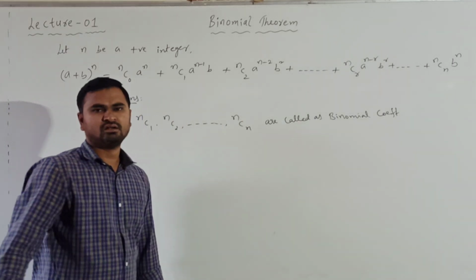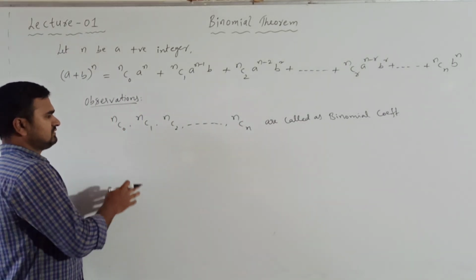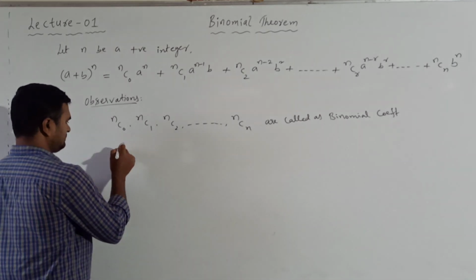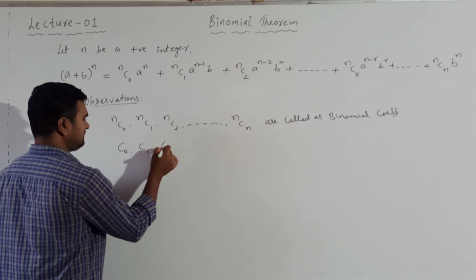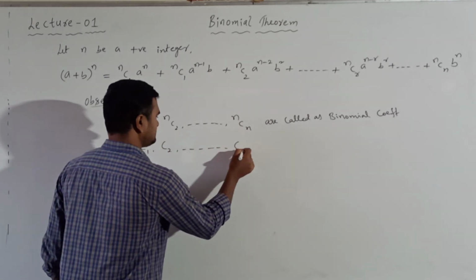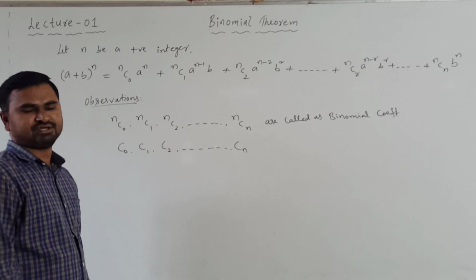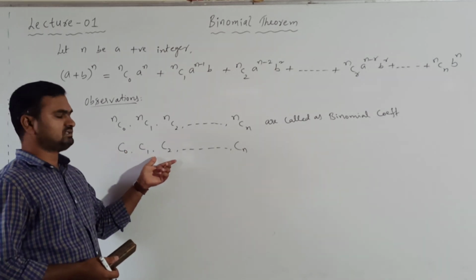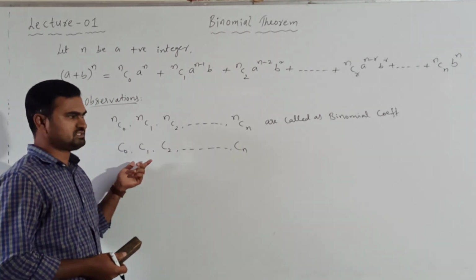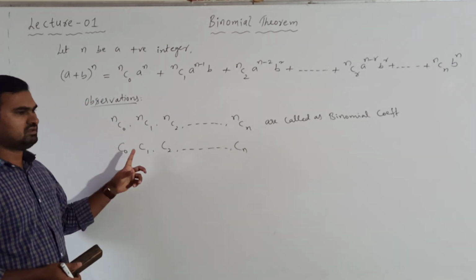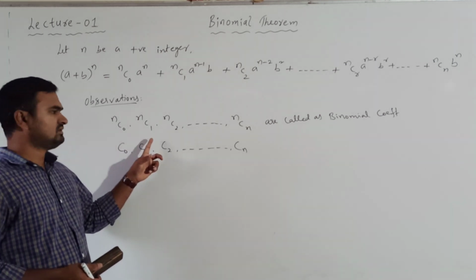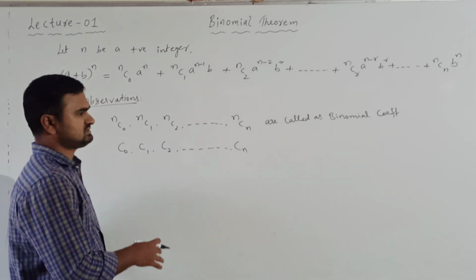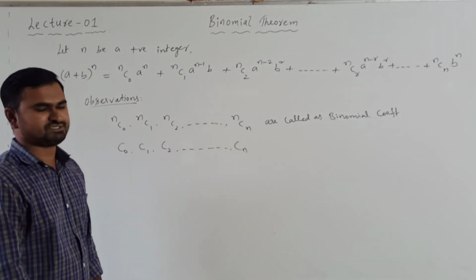These binomial coefficients can also be denoted as C0, C1, C2 up to Cn. Mostly when solving problems, this notation will be used. C0 means nc0, C1 means nc1, C2 means nc2, up to Cn, which means ncn.